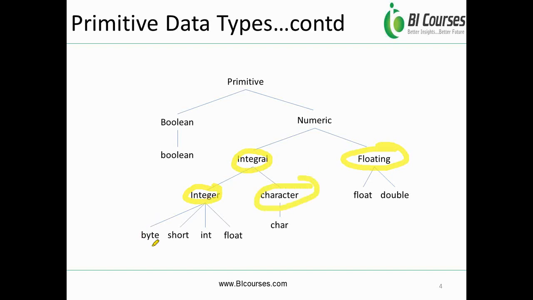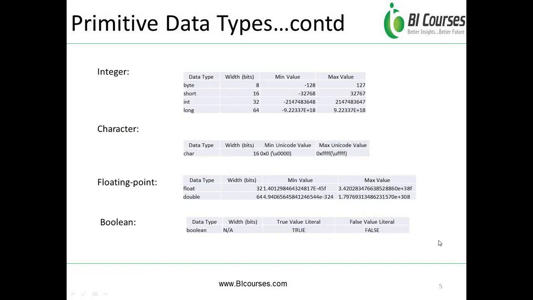Integer is divided into four categories: byte, short, int, long. Character has only the char data type. Floating is divided into two data types: float and double. Boolean is boolean.